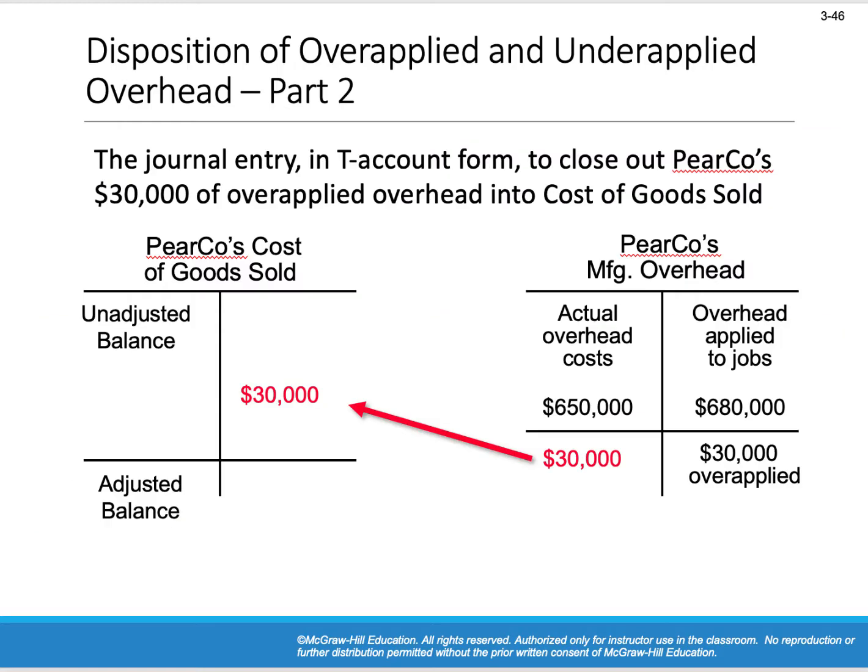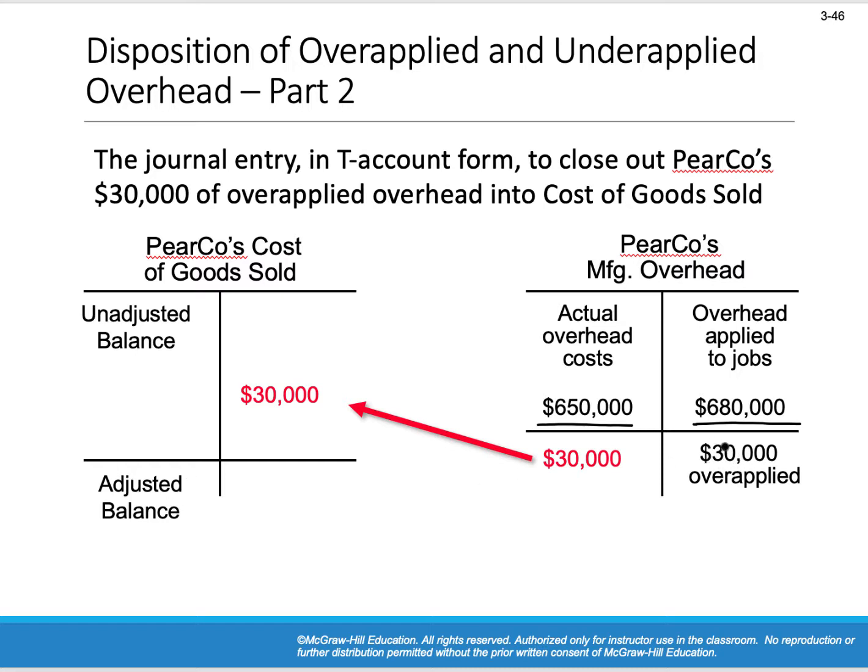We already saw this in our study guide. We're showing how, okay, here's the applied amount. We applied 680, but we actually incurred 650. We over applied by 30,000.